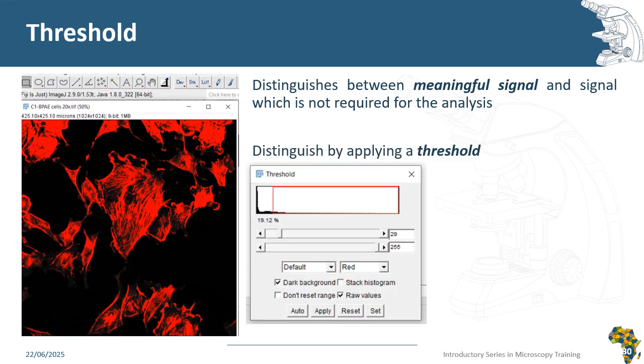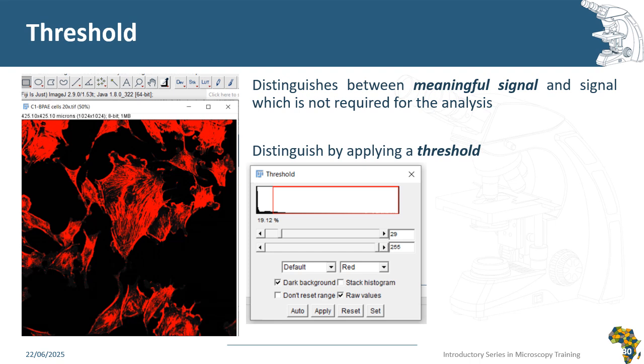Here you can see a threshold applied to these images. This is the threshold tool from Fiji, but it is like this in all image analysis software. You are fixing a value, in this case 29, and then you are saying all the pixels with an intensity higher than 29 are of some interest, meaningful signal, and in your image they are shown in red.